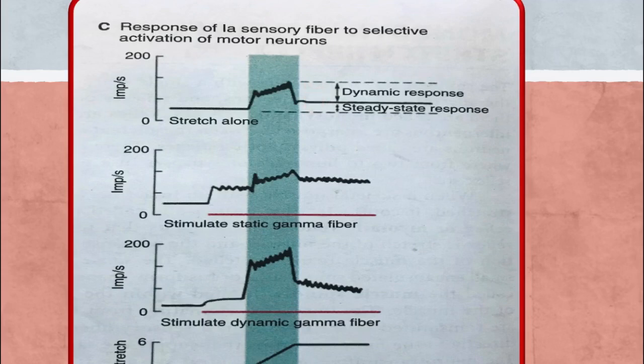Okay. Now, what we did, we stimulated the static gamma fiber along with this stretch. So, if we stimulate the static gamma fiber, what will happen? Static gamma fiber is innervating the peripheral end of static fibers, and because we are stimulating this static gamma fiber, the peripheral end of the static intrafusal fibers will contract, and because of the peripheral end contraction, there will be stretching of the middle part of static intrafusal fiber.